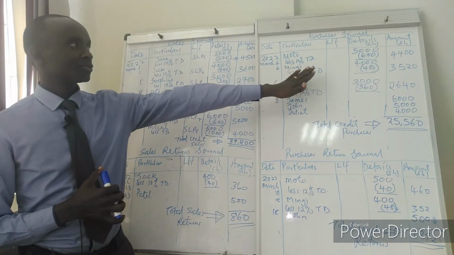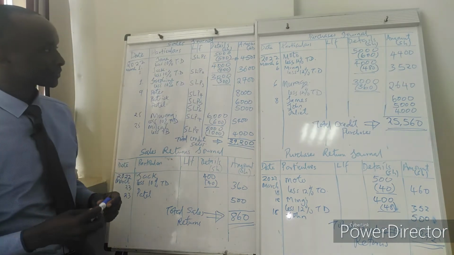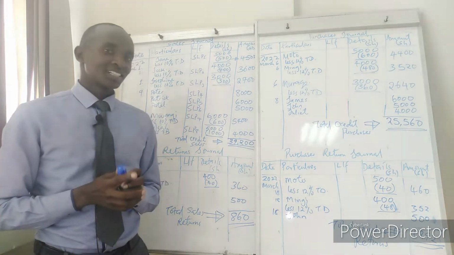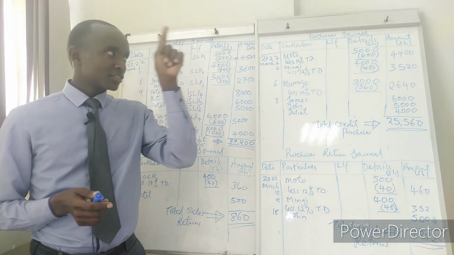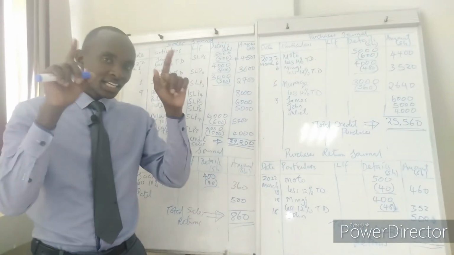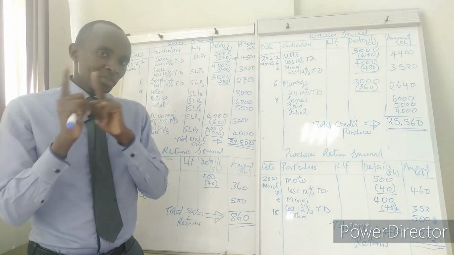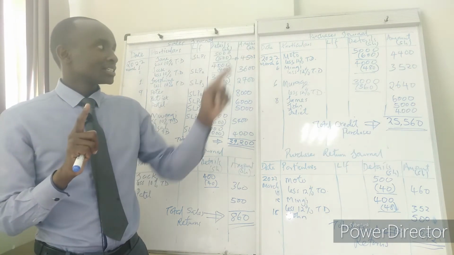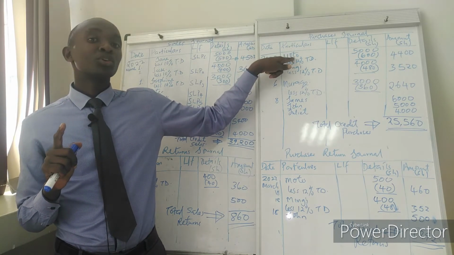So let me explain for the purchases ledger so that you get to understand it better. I also told you that in the purchases ledger, one page contains an account of a creditor. Let's say the first page in the purchases ledger is an account of our creditor, Moto.